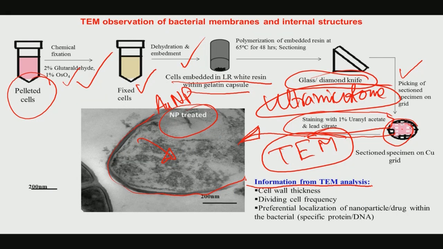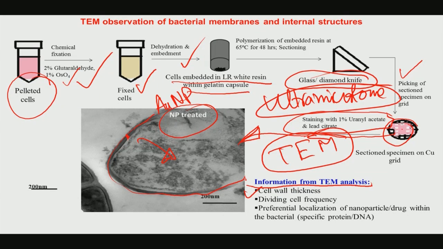Now, just a few last things: what information can you extract from transmission microscopy? One is the cell wall thickness, and there you can use a certain control sample. In the context of gold nanoparticle treatment, you can grow a bacterial population without gold nanoparticles and with gold nanoparticles. Without gold nanoparticles will give you the normal or equilibrium cell wall thickness.